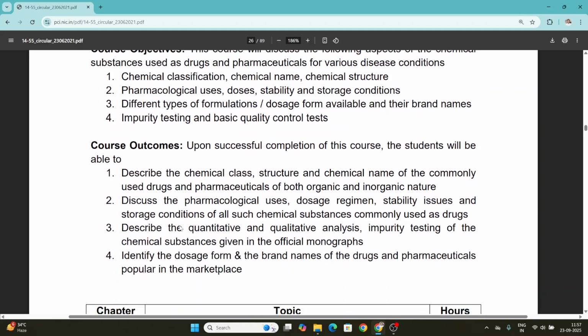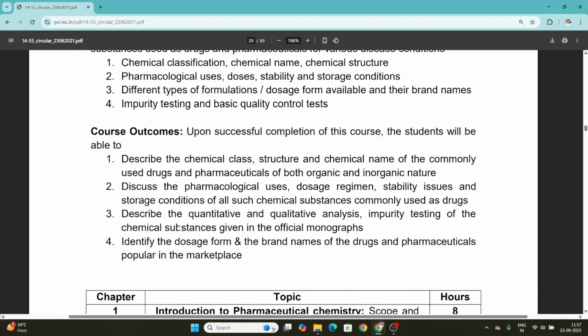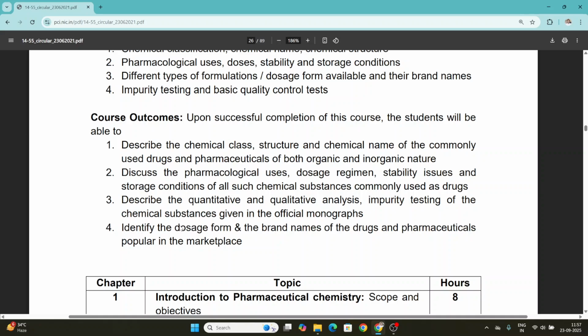Course outcome. Upon successful completion of this course, the student will be able to describe the chemical class, structure and chemical name of the commonly used drug and pharmaceuticals of both organic and inorganic nature. Discuss the pharmacological uses, doses, regimes, stability issues and storage conditions of all such chemical substances commonly used as drugs.